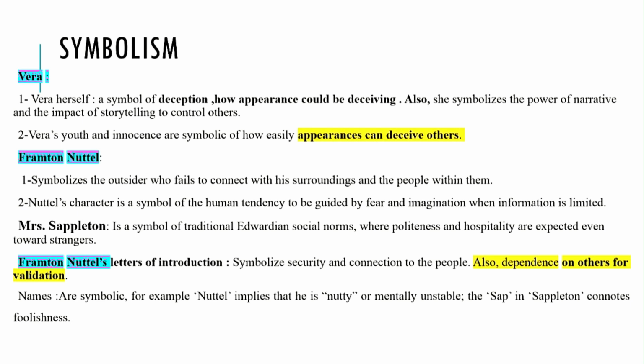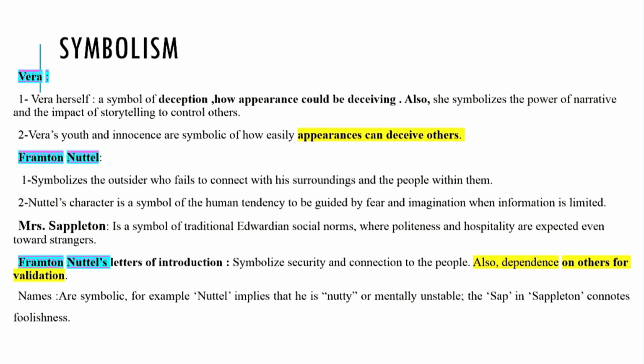The characters are also symbolic in The Open Window. We have Vera. Vera is a symbol of deception. Saki wanted us to realize that sometimes the appearance of a person could be deceiving.